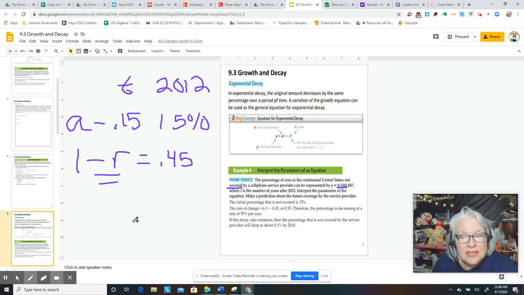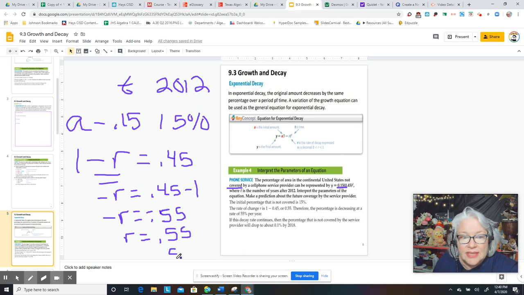Let's just solve the simple equation. Subtract 1 from both sides. So negative r is negative 0.55. Divide both sides by negative. r is 0.55. That is 55%.